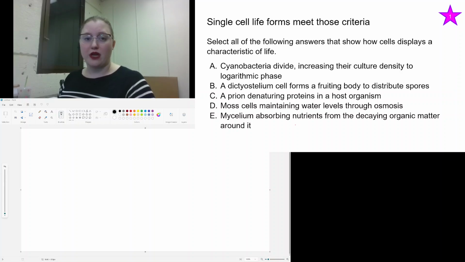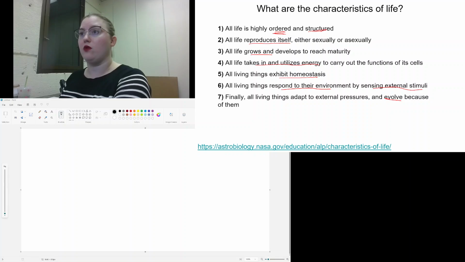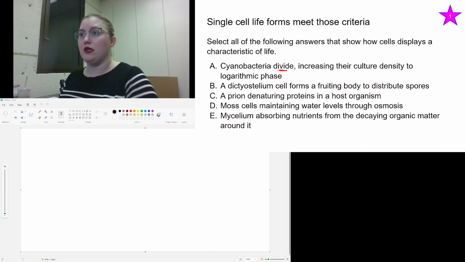So let's break this down a little bit. Cyanobacteria divide, right? Division is a form of asexual reproduction, so this is characteristic 2. Dictyostelium cell forms a fruiting body to distribute spores. This is another method of reproduction, that's characteristic 2.